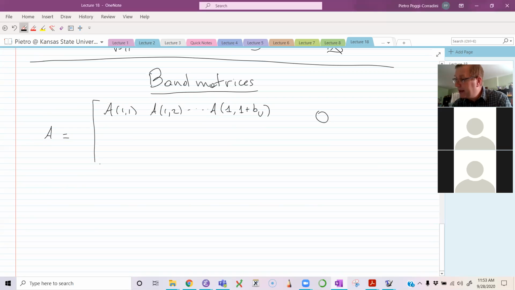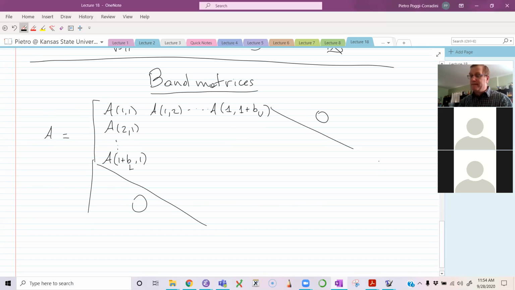So then likewise, in the other direction, A21, this will go all the way to A 1 plus BL,1. Then it's going to be 0 afterwards. So that's kind of a band, a strip around the diagonal.